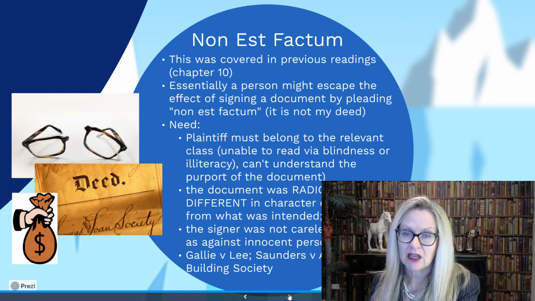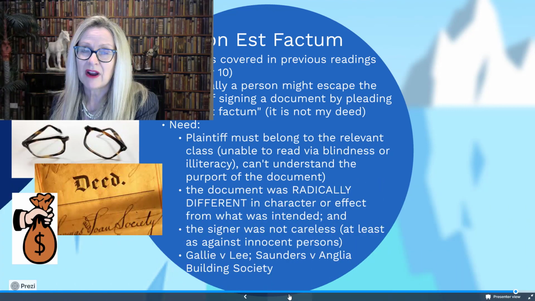Simply where the plaintiff belongs to a particular class of vulnerable people, for example, unable to read or illiteracy, and they can't understand the purport of the document. And the document is radically different in character or effect from what was intended.